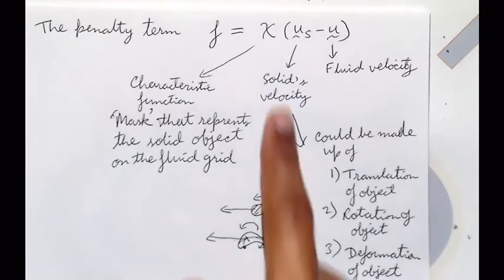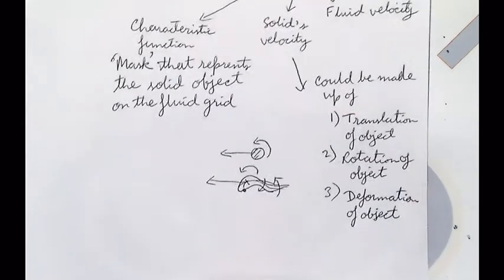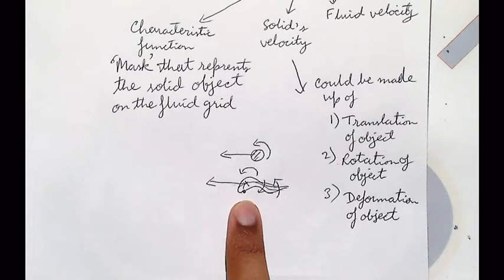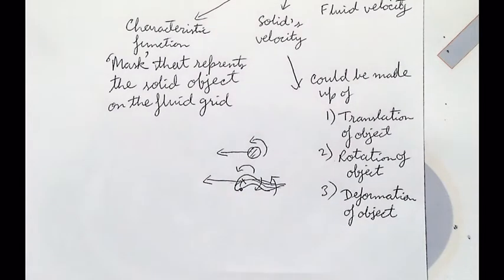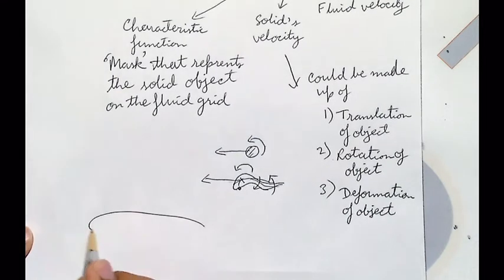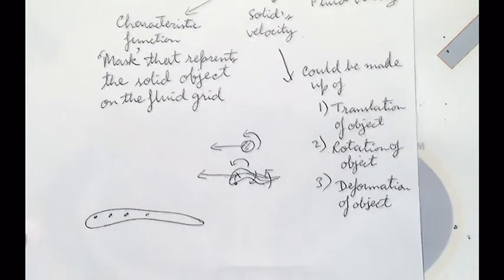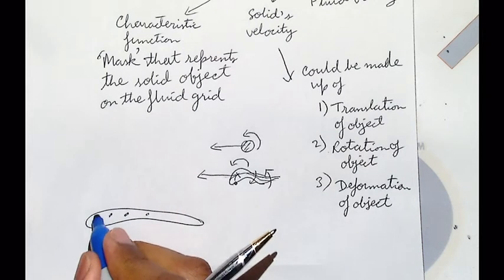Okay, so it's clear what this term is. Now, if your solid body, let's say my fish, is... Okay, so let me draw a bigger fish. Okay, and this has the green nodes inside and blue nodes inside.